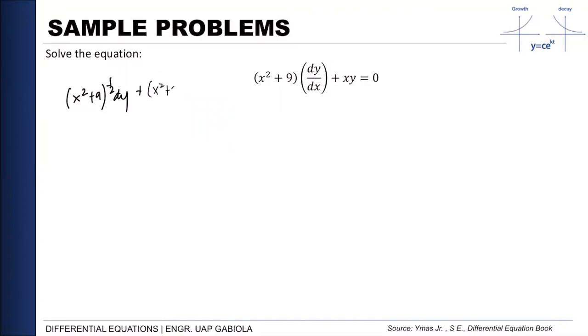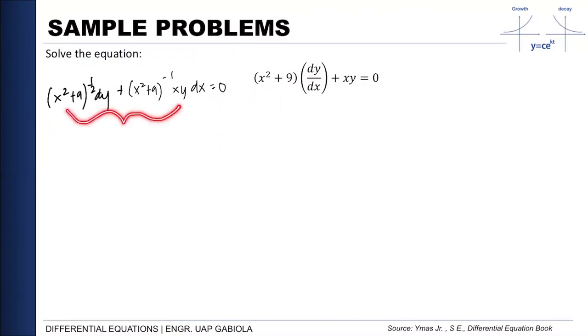Plus x squared plus 9 raised to negative 1 xy dx is equals to 0. Okay? So ito na yung ating answer to sa previous one. And then, mag-isip ulit tayo ngayon ng differentials na baka meron sila. Okay?